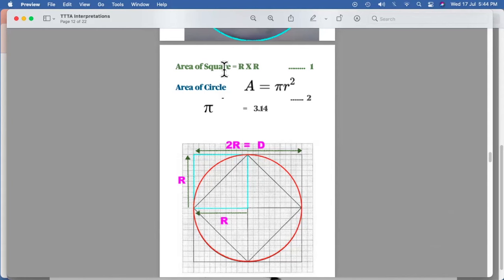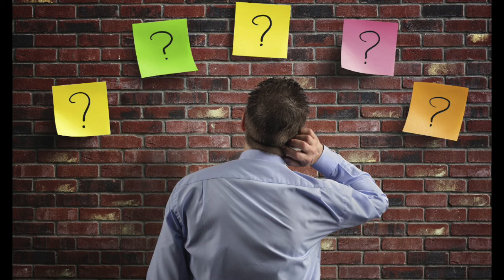So the area of a square is r into r, that is r square, and the area of a circle is pi r square. This is as per the formula, and we know that the value of pi is 3.14. But how did this formula come into existence? How did we find the value of pi, which comes to 3.14?